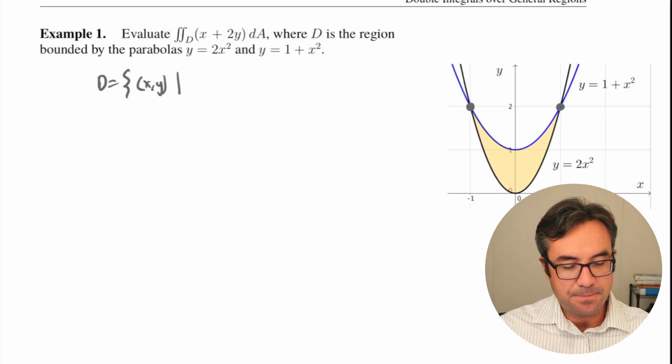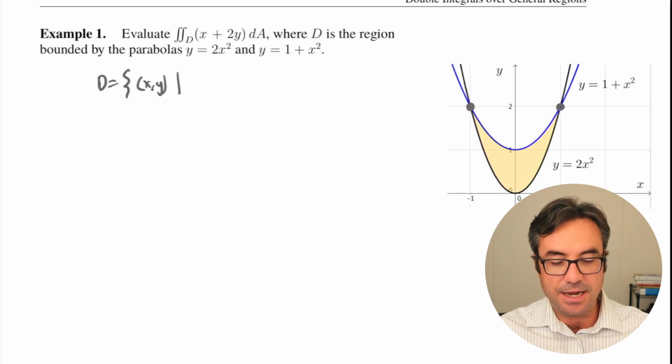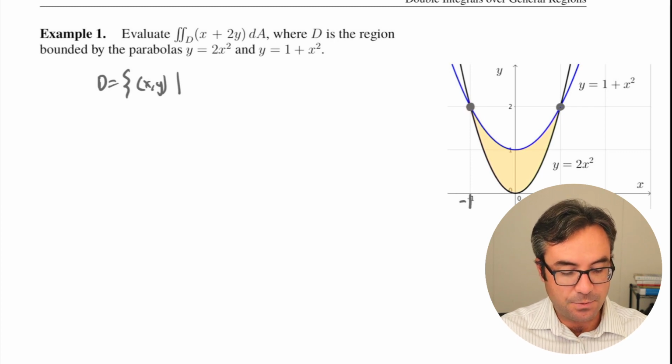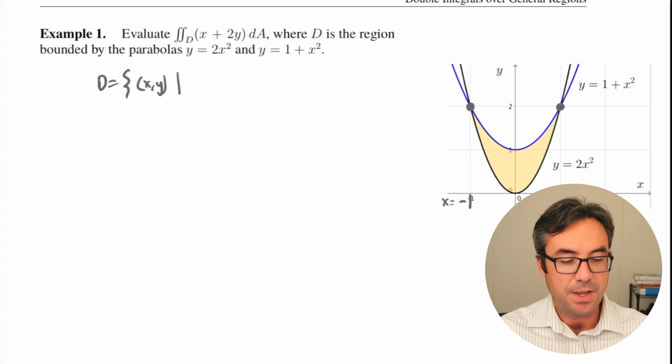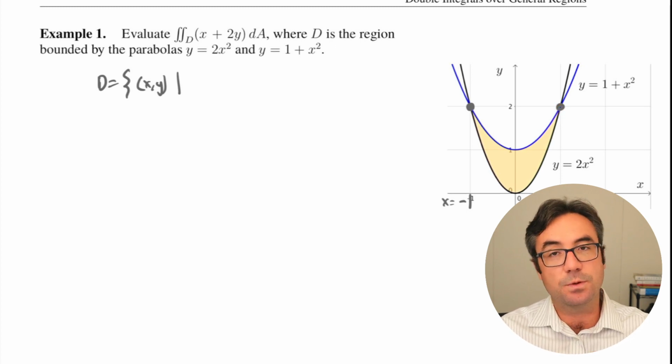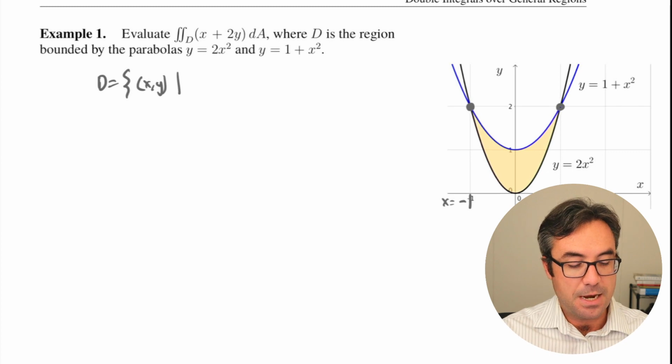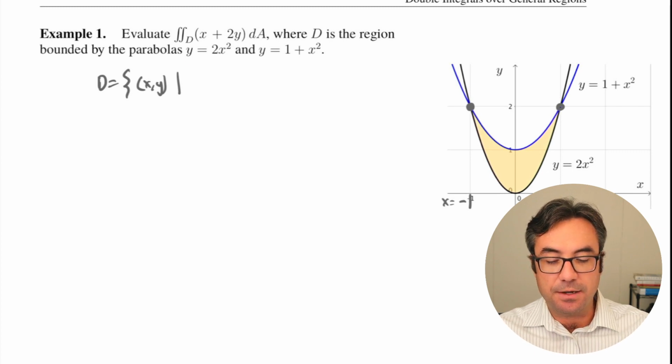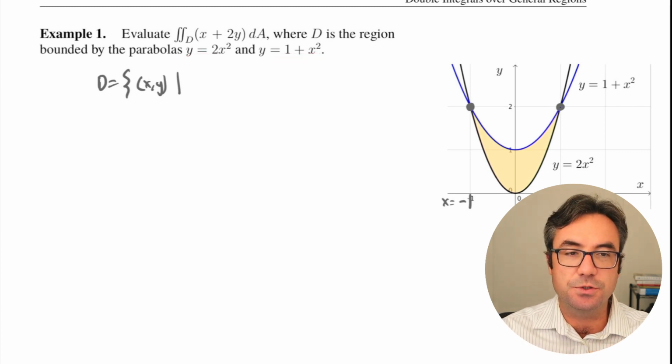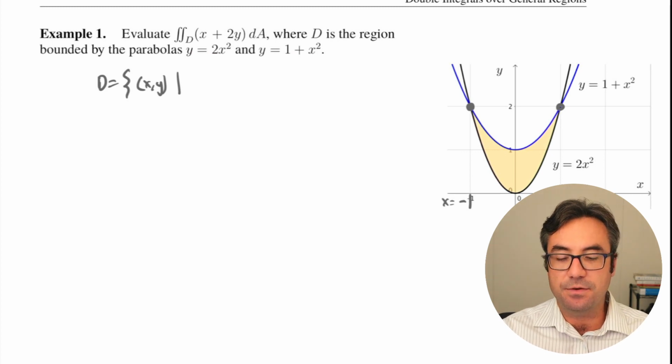And we see that the intersection point on the left happens when x is equal to -1. And the intersection point on the right happens when x is equal to +1. Now we could figure this out algebraically by setting these two functions equal to each other and solving for x.